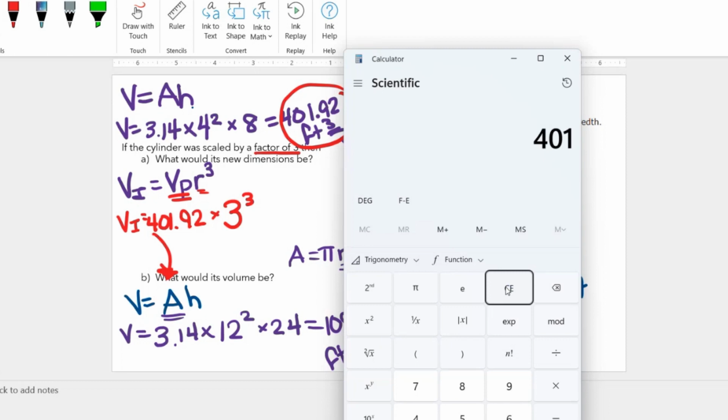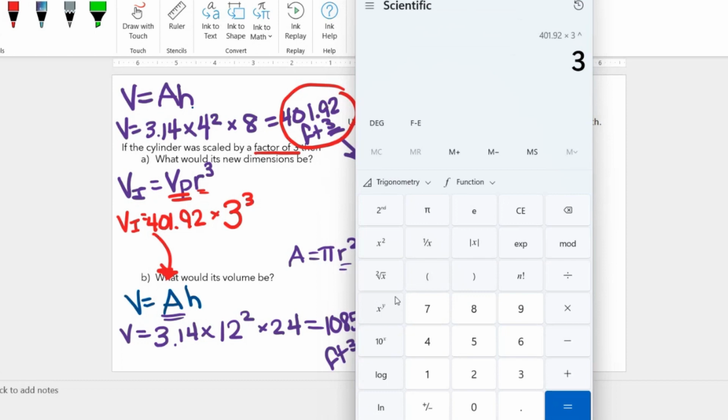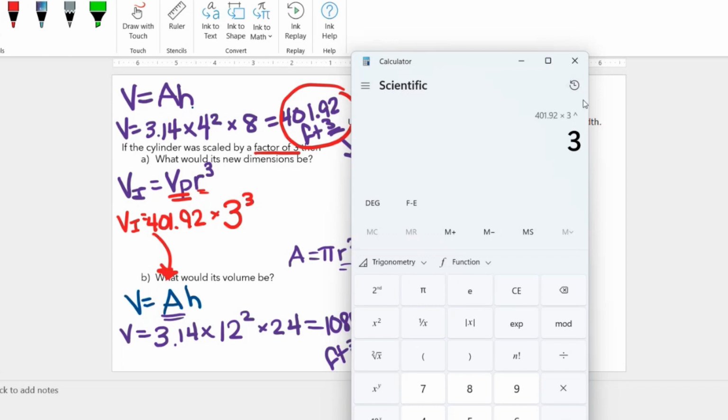401.92 times 3 to the, and this button right here, x to the y, is what we can use to put exponents in. So I put my 3, and then when I click on this, you can see that it gave me the exponent right here.